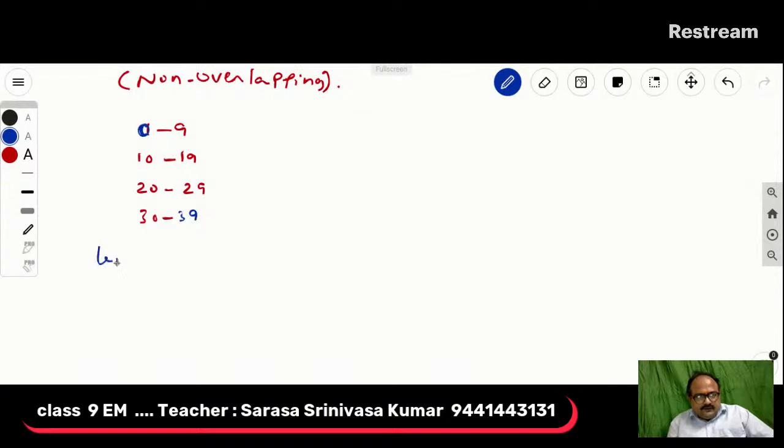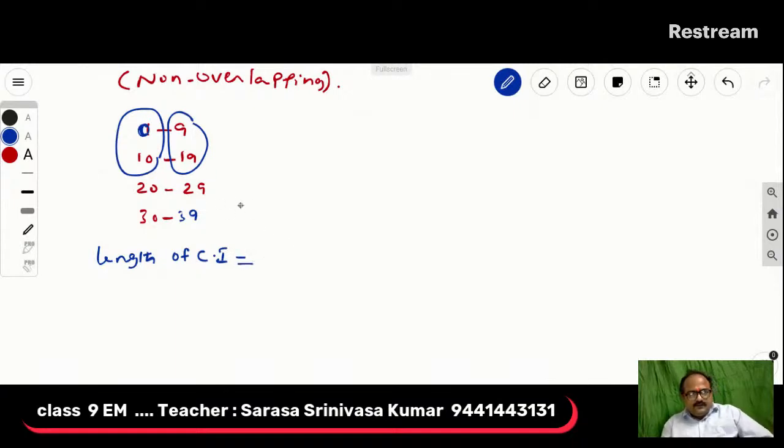So the length of the class interval is the difference of lower limits, 10 minus 0, which is 10, or 19 minus 9, which is 10.